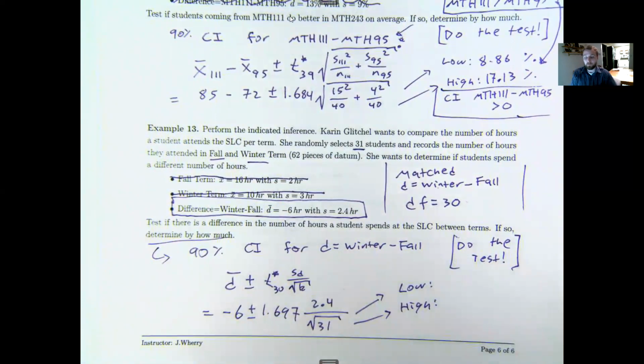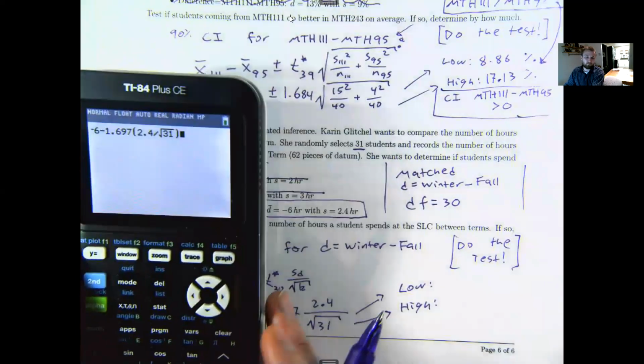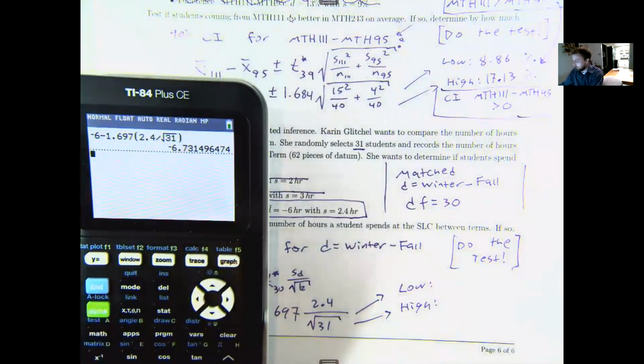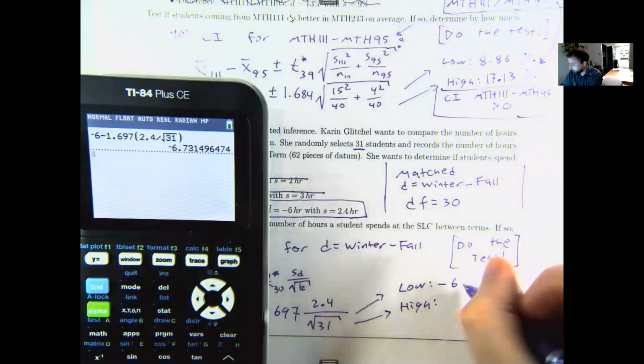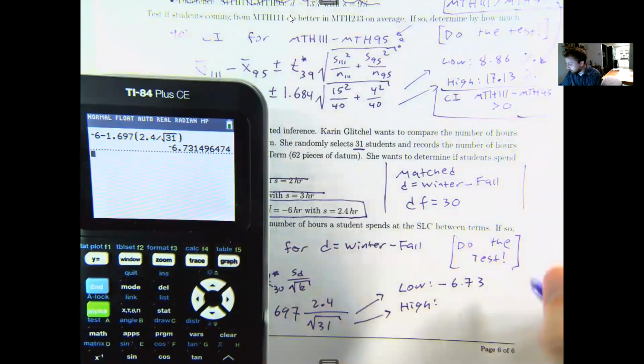When I do this with the minus, I end up getting -6.73. The units here are hours.